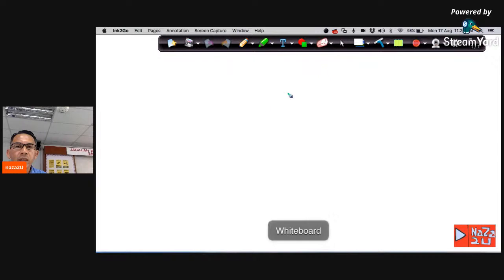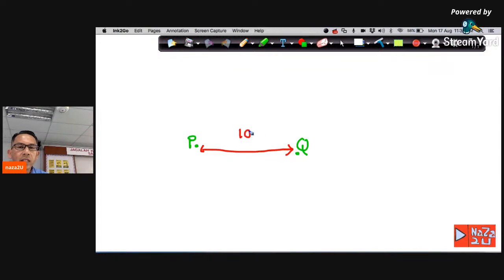So I give you an example here. So let's say we have the point P here. At the point P, you go to, let's say, the point Q. This is the point Q. So now the distance from P to Q is 10 meter.